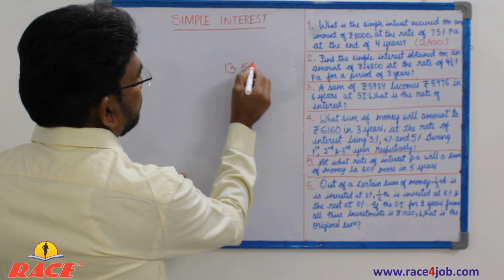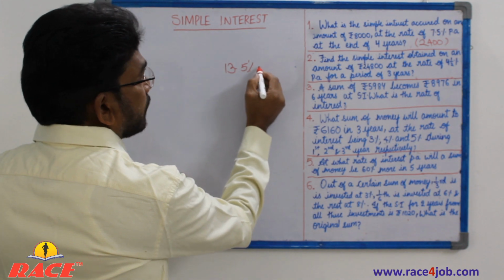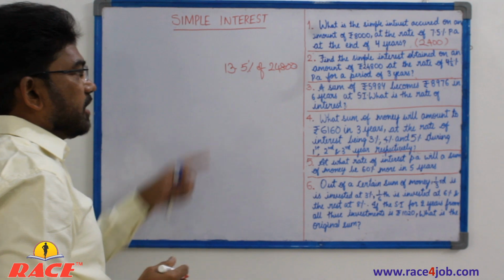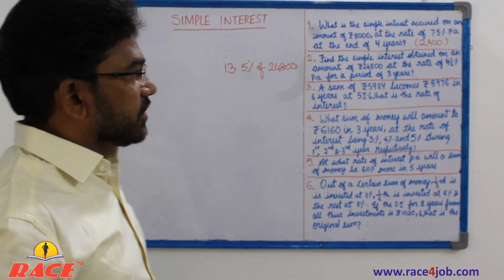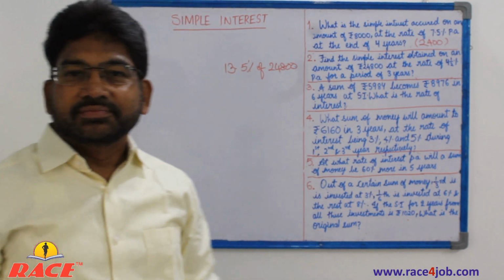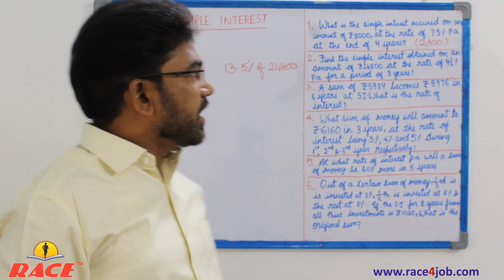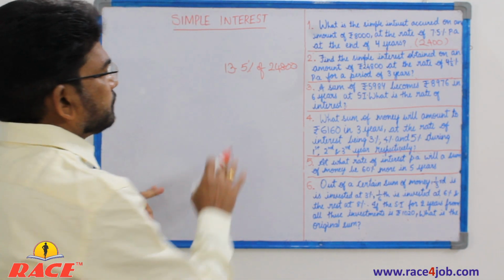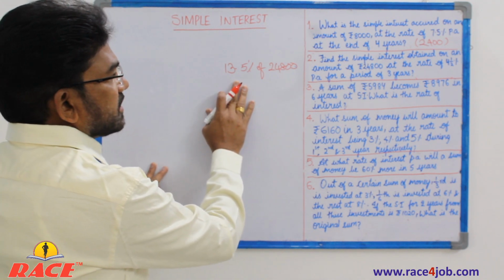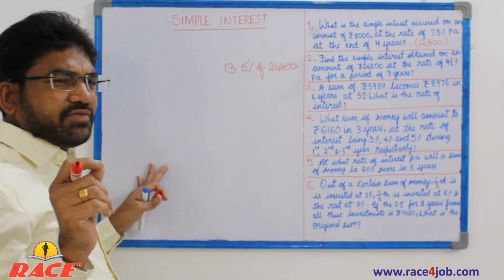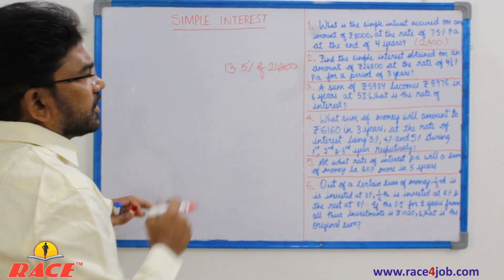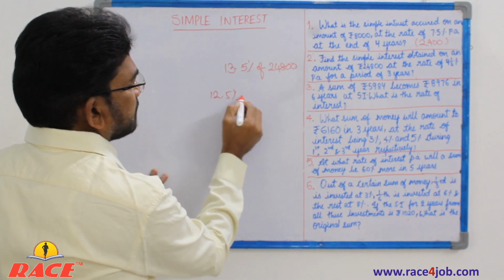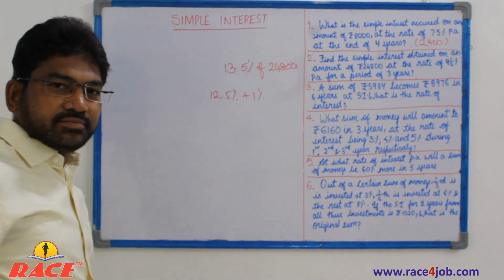So 13.5% of 24,800 you have to calculate. How do you calculate 13.5 by 100 into 24,800? No, I don't calculate like that. The very simple way, how I calculate, my dear friends, very simple. See, no pen is required almost. 13.5% is nothing but 12.5% plus 1%, we can write like this.